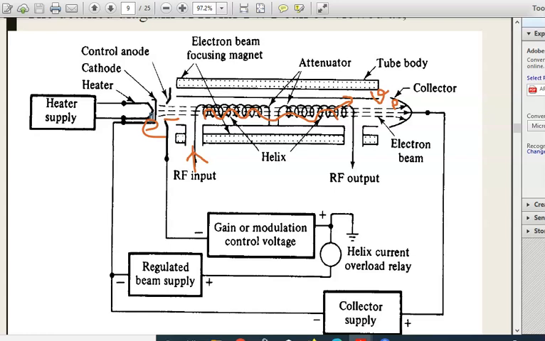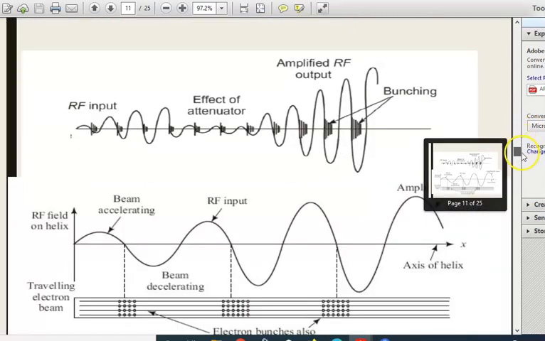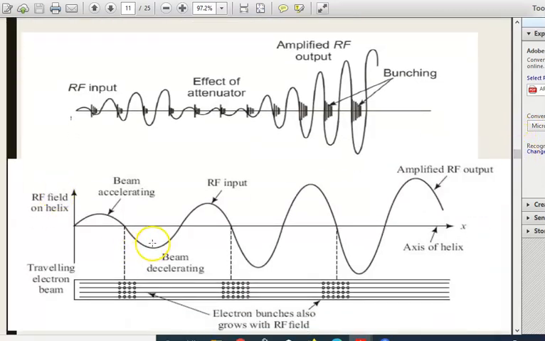The same Applegate process happens: the electrons coming out early, late, and hitting the reference or zero point move at different times, but they try to bunch together. In the time of bunching they give their energy to the input signal, and likewise we get an amplified signal at the output.